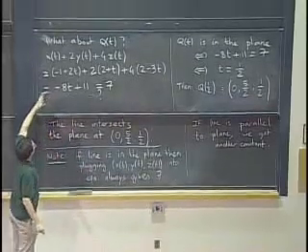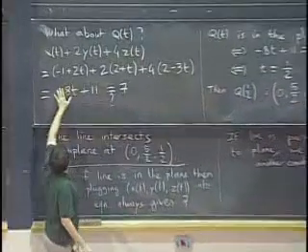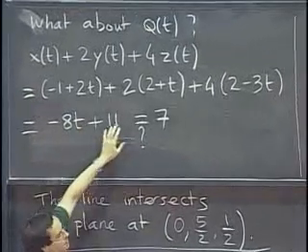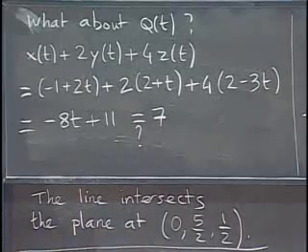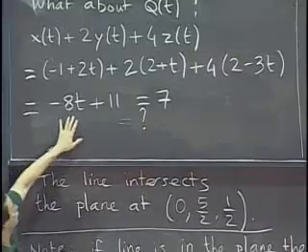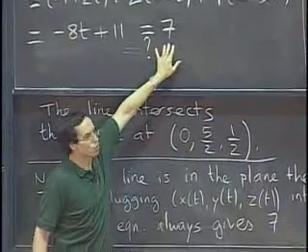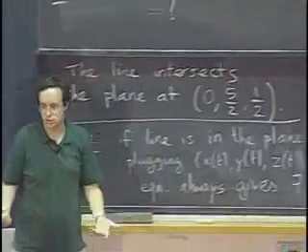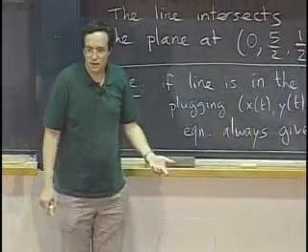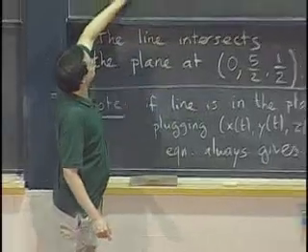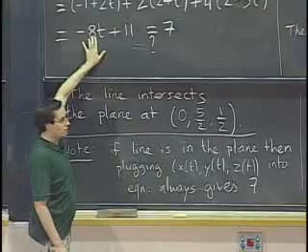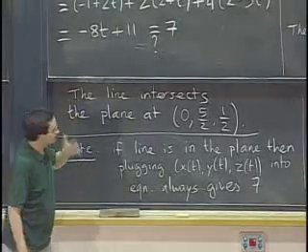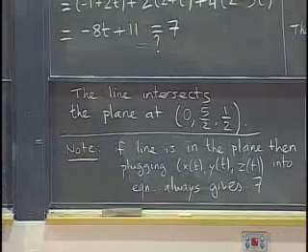In fact, when you plug these things in, normally you get a quantity of the form something times t plus a constant, because that's what you plug into the equation of a plane. And so in general, you have an equation of the form something times t plus something equals something, and that usually has a single solution. The special case is if this coefficient of t turns out to be 0 in the end, and that's going to happen exactly when the line is either parallel or in the plane.